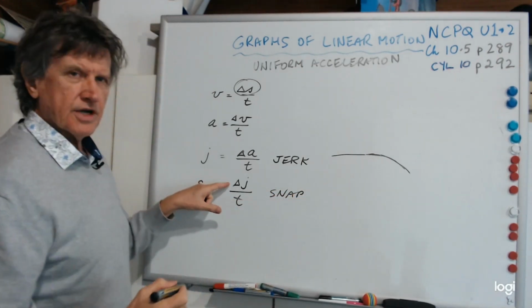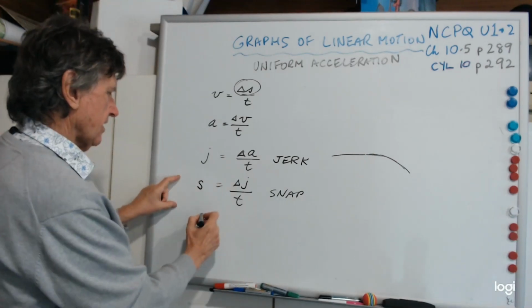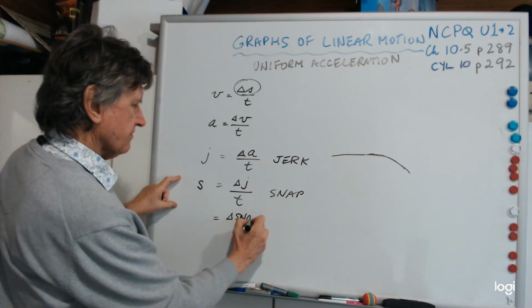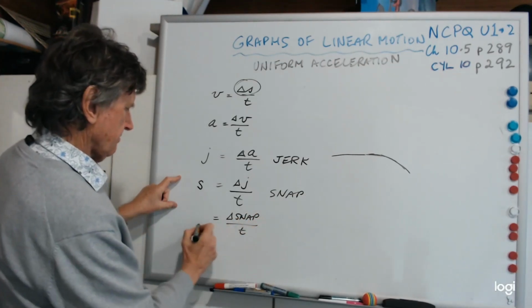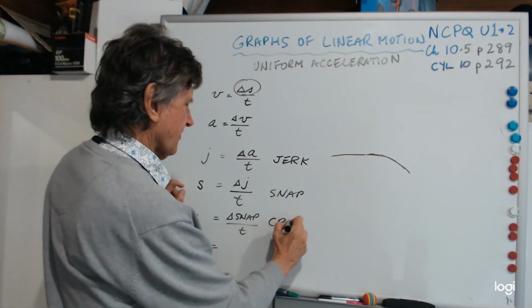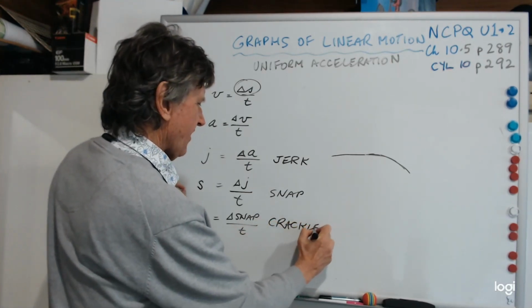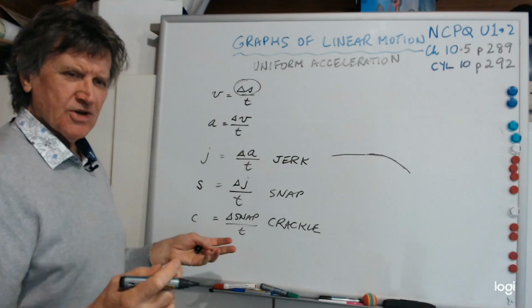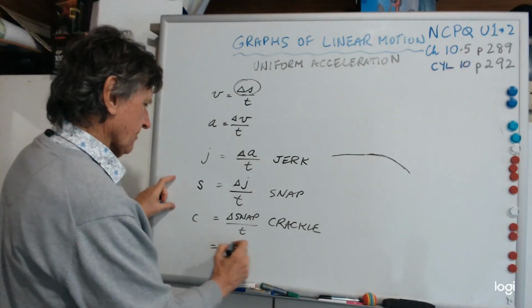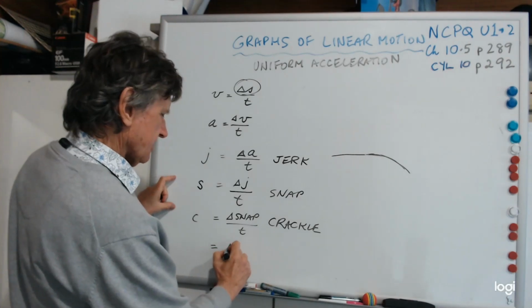Okay, it's the rate of change of jerk, and as you might have guessed, there's a change of snap over time. This thing here is called crackle. I know you think I'm joking, but it's true. You go and look it up in Wikipedia, and you can probably guess what this is.